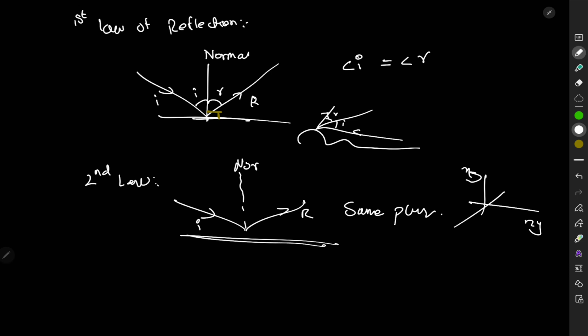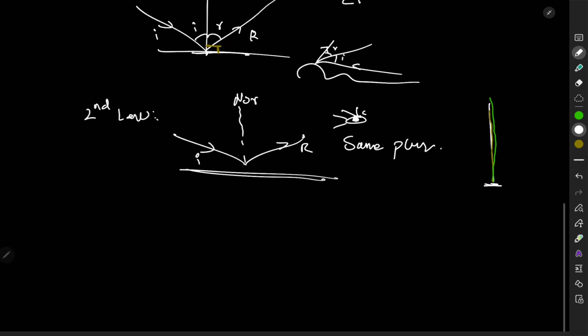It can't be something like this. When you see from this direction, it will look like a straight line: this will be the incident ray, behind that the white one is the normal, and behind that the green will be the reflected ray. It will be like a straight line. That's what I mean by the same plane, fine.